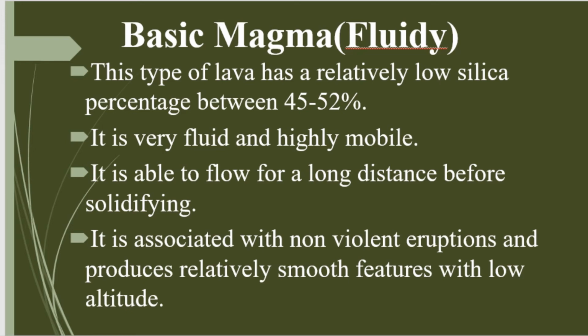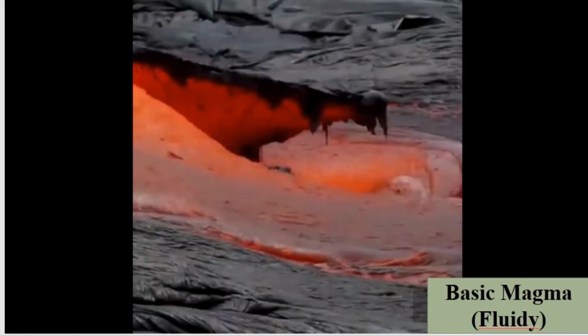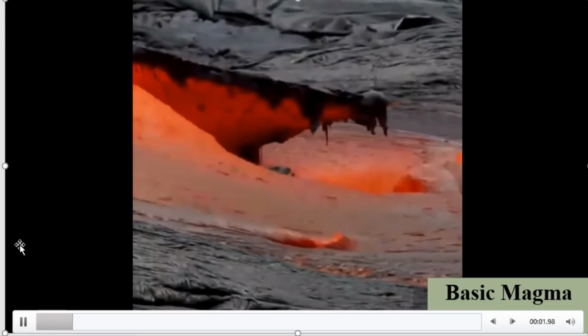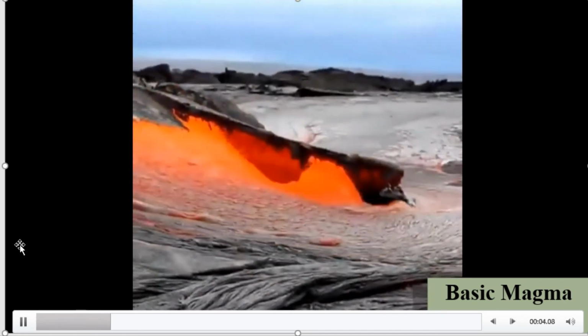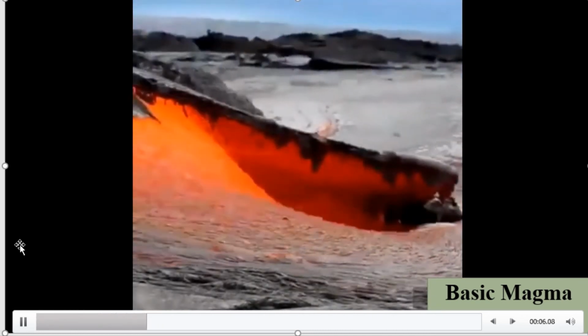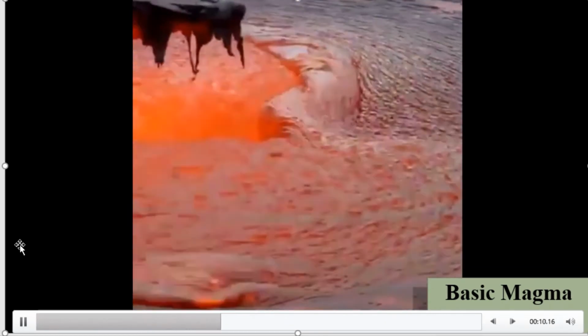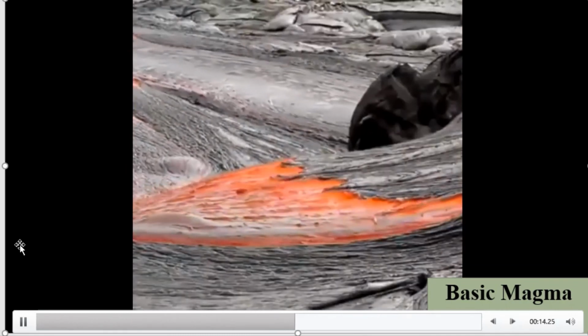flat, like a plateau or like a flood or like a lava plain. That lava is watery, flows for longer distances, and flows towards areas of low altitude, low lying areas.